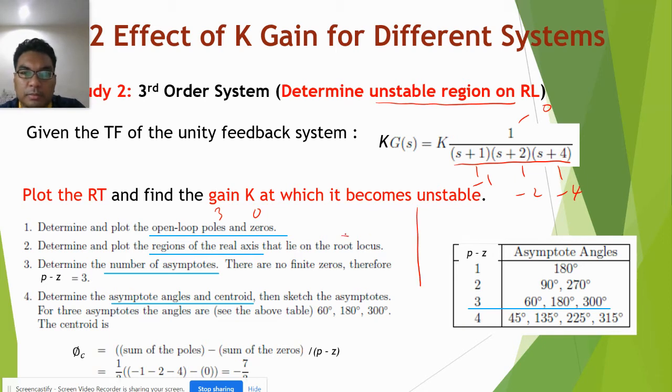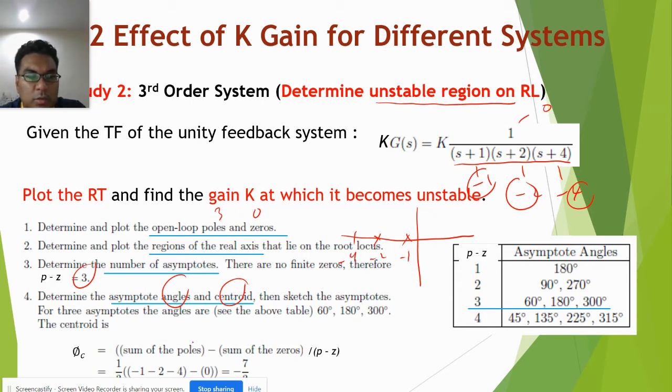So you know that on the real axis there will be three values, each of -1, -2 and -4 here. The number of asymptotes: you get 3 poles minus 0 zeros, so you get a value of 3. Then determine the angles and centroid, then you can sketch the asymptotes.